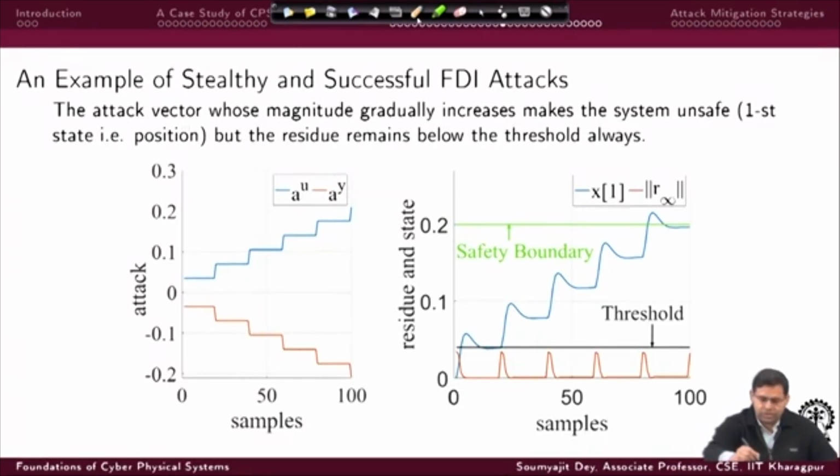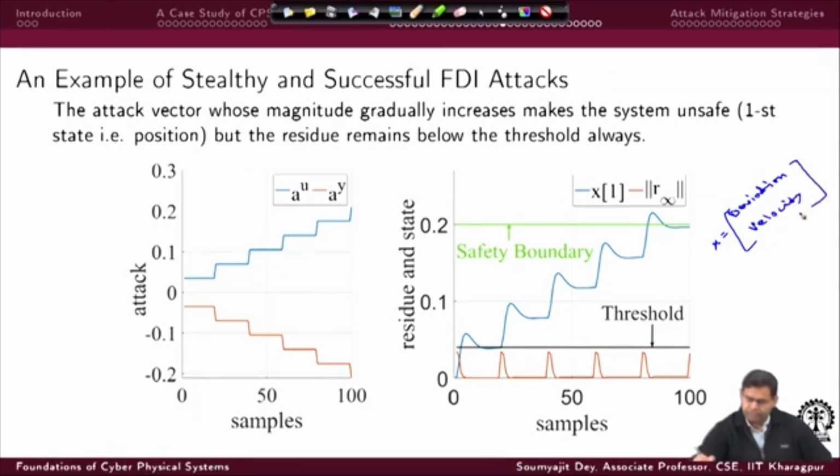If I just write down the states here, x is the deviation from the intended trajectory, and this is velocity, and the measurement y that I am taking is the deviation itself, and that is what I am perturbing.